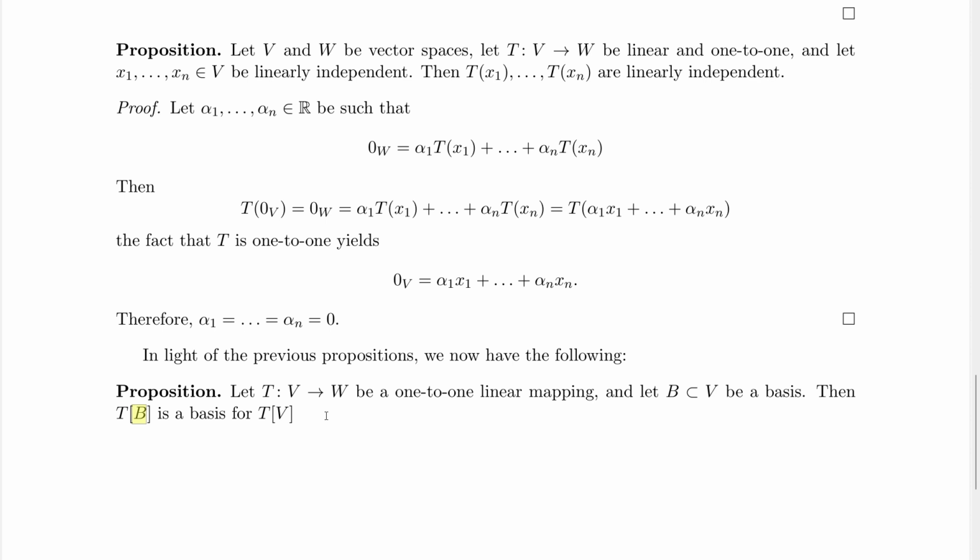And we know the only way you're going to get onto is if the dimension of that lines up with the dimension of W. So in other words, the only possible way you can find an invertible linear mapping is, I guess, right, if you have got both one-to-one and onto.